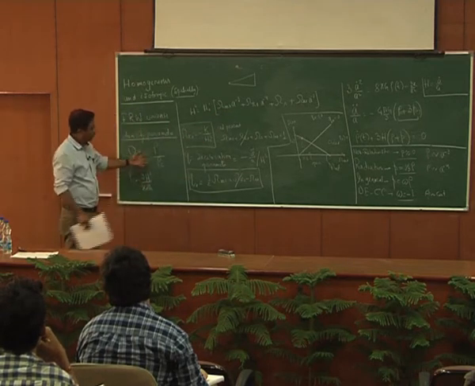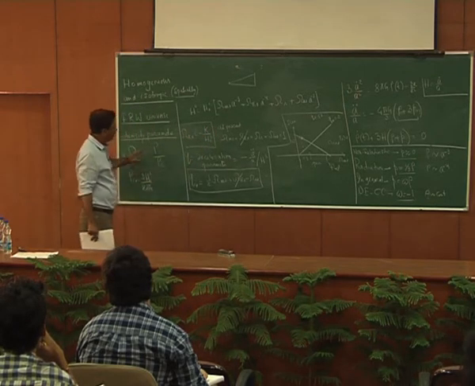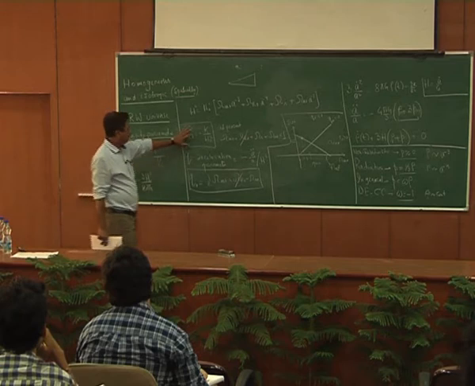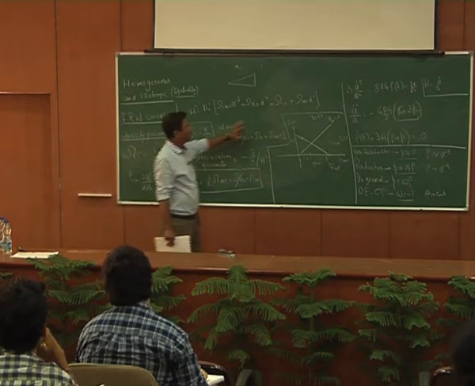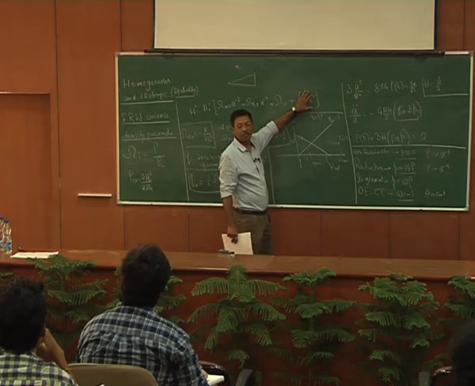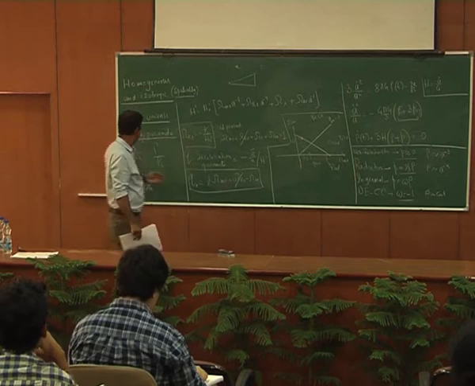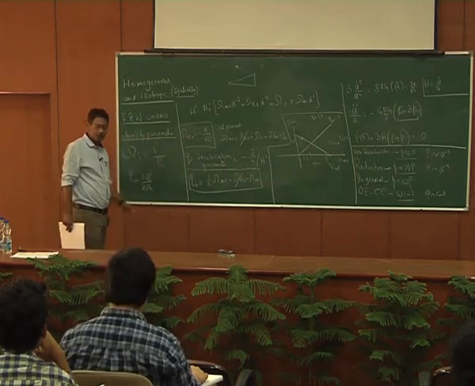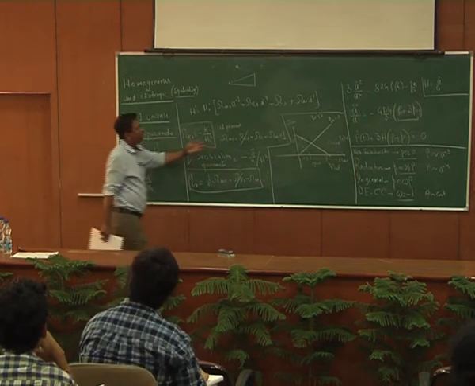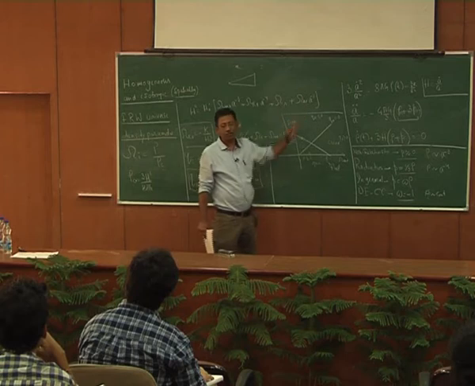Omega k is the same: a dimensionless quantity, but it has the information about the spatial curvature. You can consider it a term in the energy density which scales as 1 by s square.